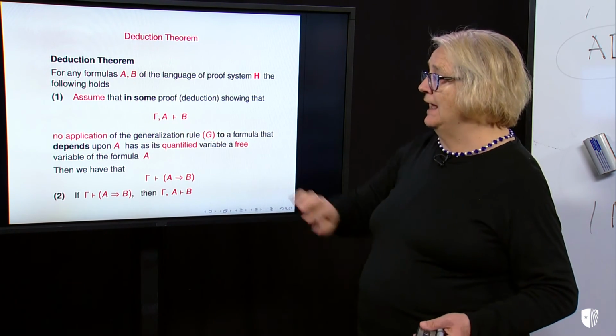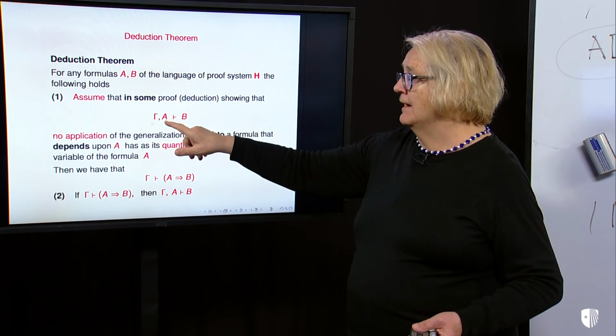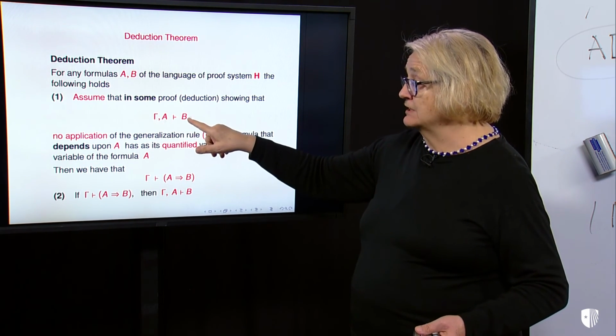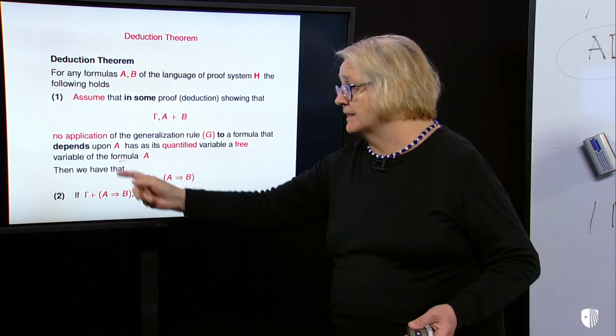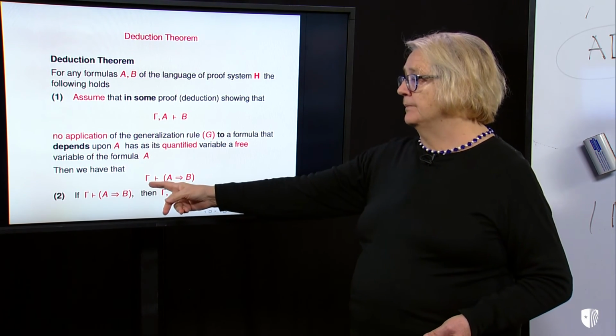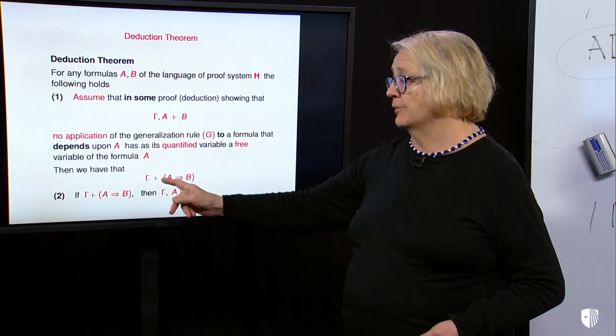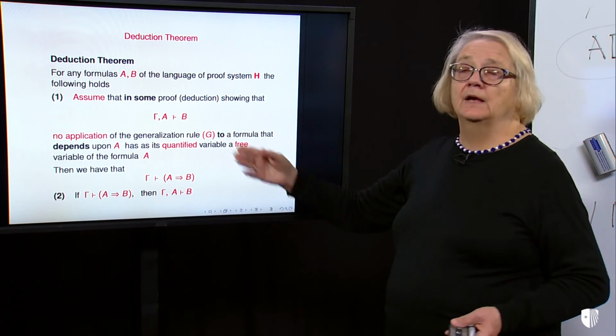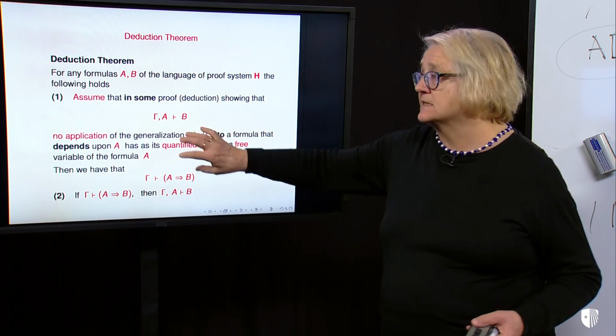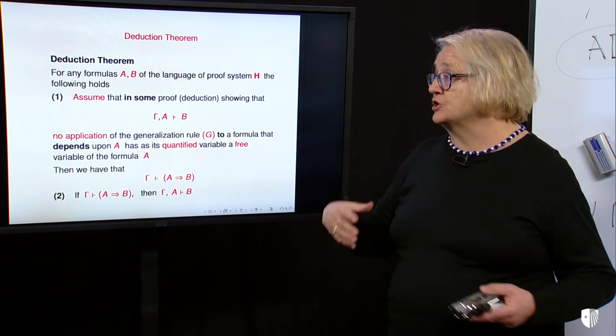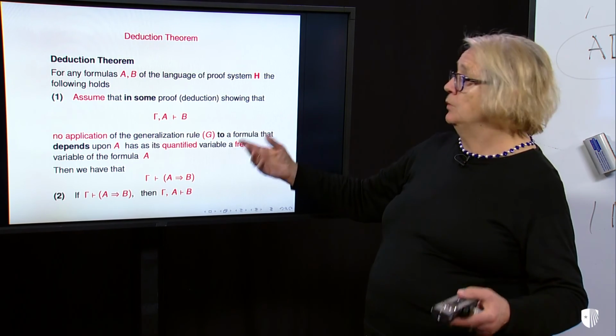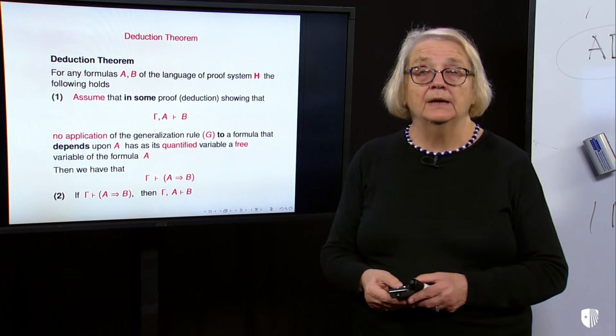If you have a proof of B from gamma and A under that condition, we can construct the proof of gamma proving A implies B. So the deduction theorem has this special condition, which depends on the way we use the generalization rule.